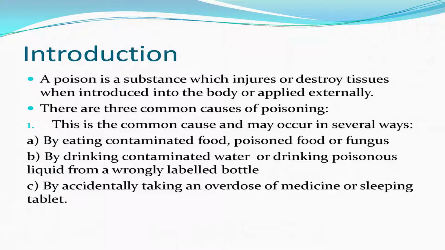For example, someone fills methylated spirit in a Voltic bottle. You didn't know, you thought it's water, and then you drank some and realized, no, this is not water. Accidentally taking an overdose of medicine or sleeping tablets is also poisoning.